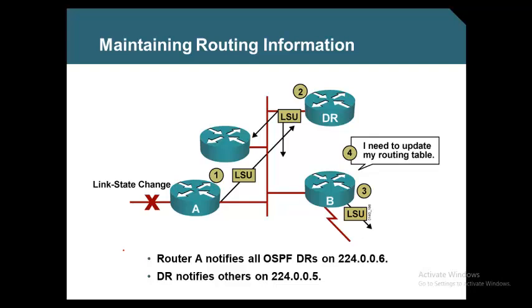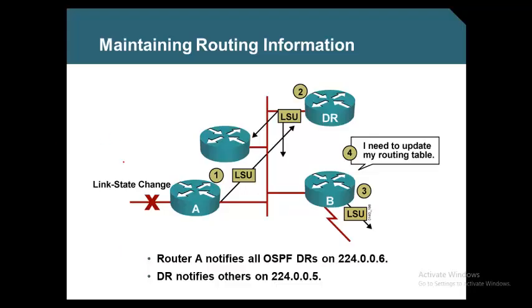Now, if you talk about the other routers, it is opposite. To the DR, if they want to send anything, they will use 224.0.0.6. And if they want to learn from the DR, they will use 5.